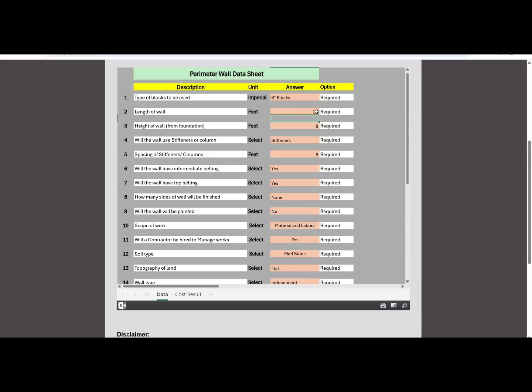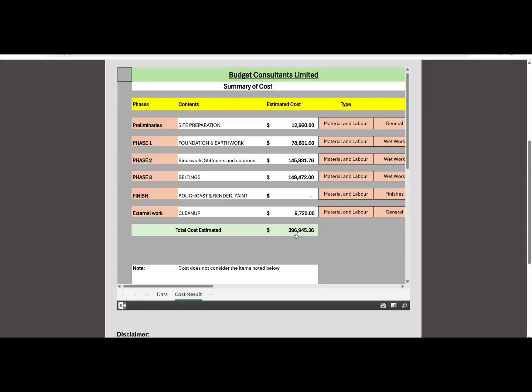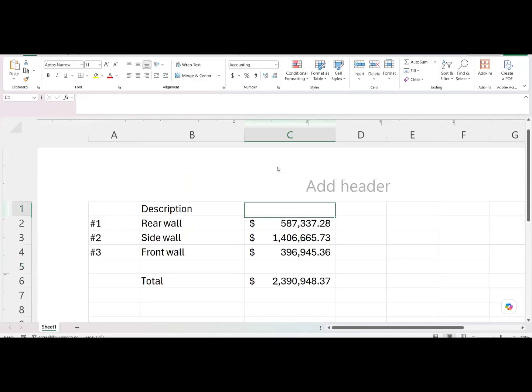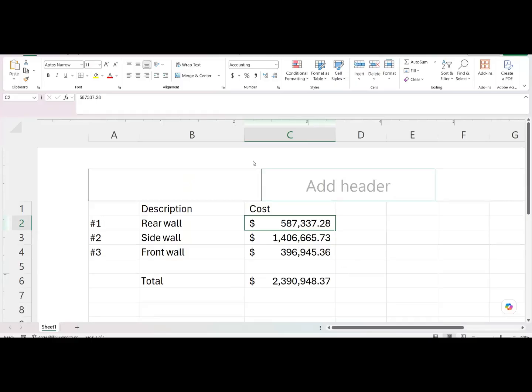So in this case, I would have 20 feet and I would also have a cost generated that is saying $396,000. So overall, if you were giving a quote to a customer, what you could easily do is represent your cost in this way. So it gives clarity versus you just coming up and saying, we are charging $2.3 million and it sounds exorbitant.